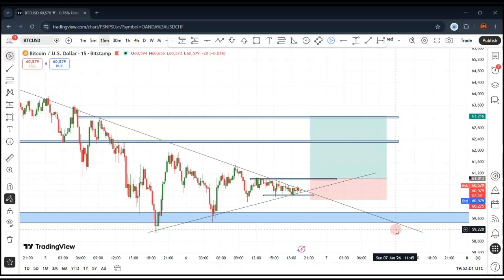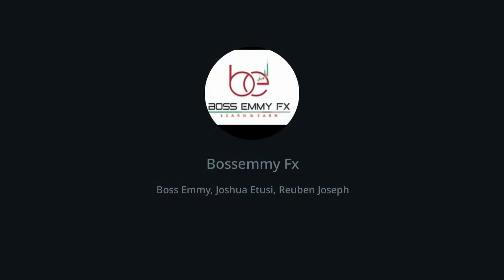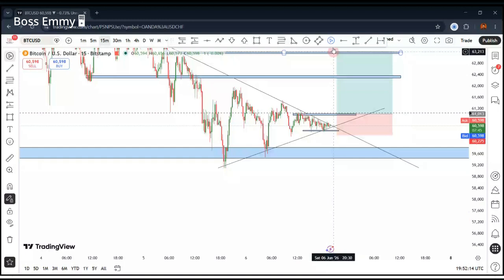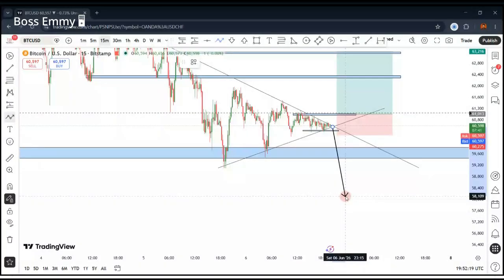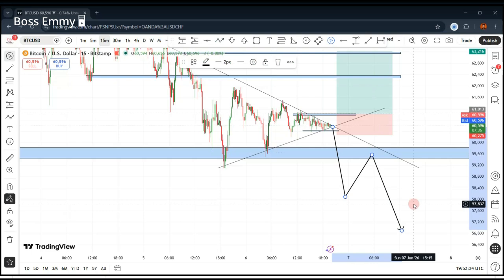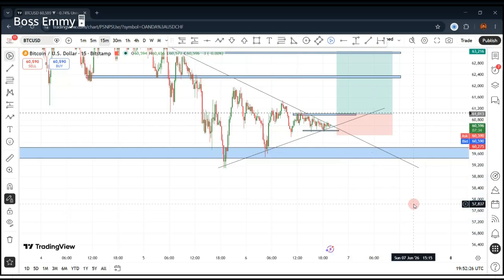So those are the stop loss and take profit for BTC on the buy side. But if the buy doesn't hold, that means the market is able to break down from this zone, then we are going to be seeing this movement like this, and we'll be taking ourselves from this point to the downside. So that is that for BTC.